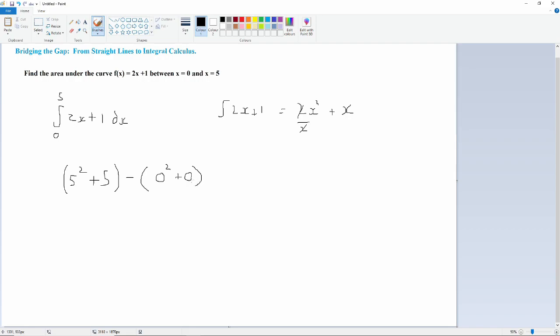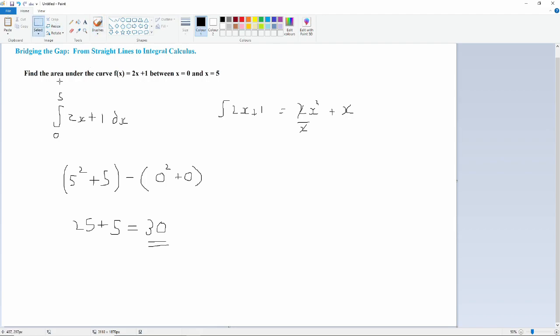Oh, well, that's very easy, isn't it? So 5 squared is 25 plus 5 equals 30. 0 squared plus 0 is just 0. 30 minus 0 is 30. So our answer is 30 units. And that's the area under the curve between 0 and 5 of 2x plus 1 with respect to x.